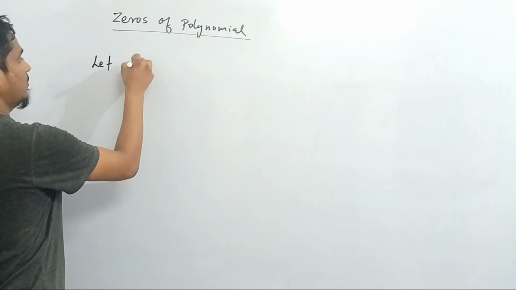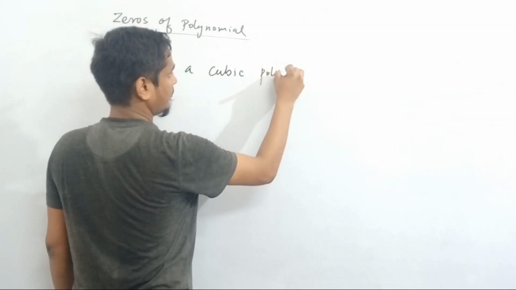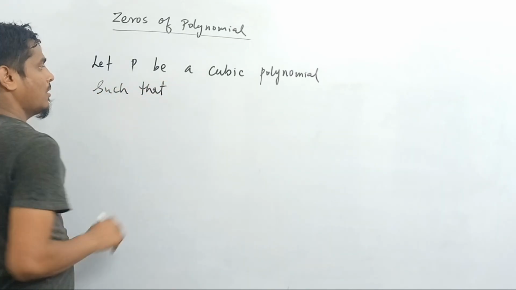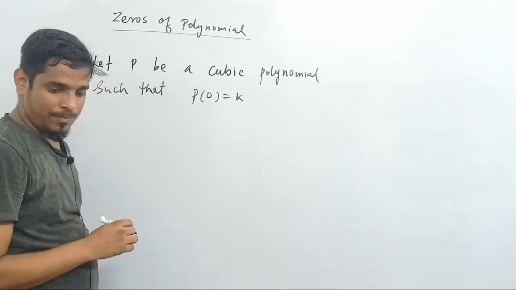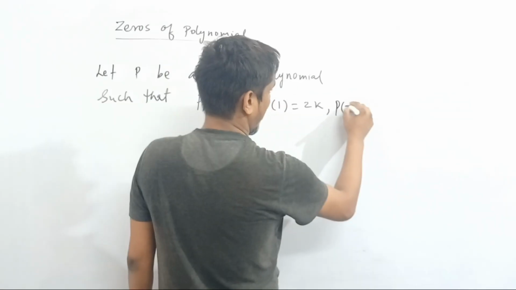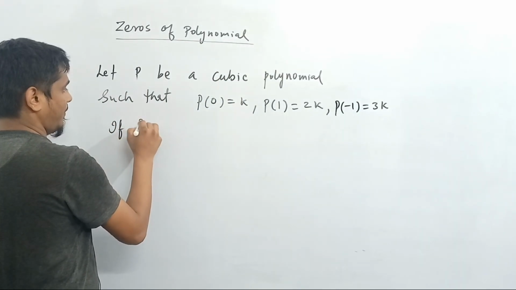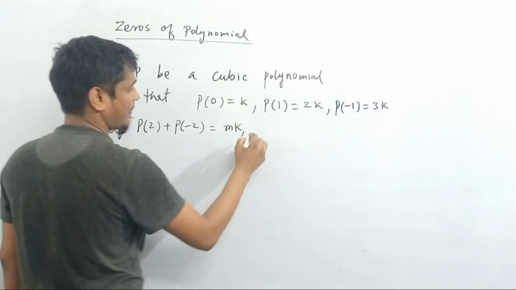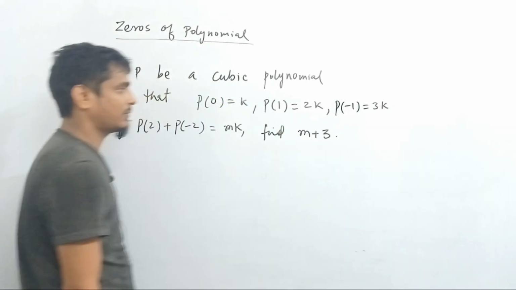Let p be a cubic polynomial such that p(0) is equal to k, p(1) is equal to 2k, p(minus 1) is equal to 3k, and if p(2) plus p(minus 2) is equal to m times k, then find m plus 3.